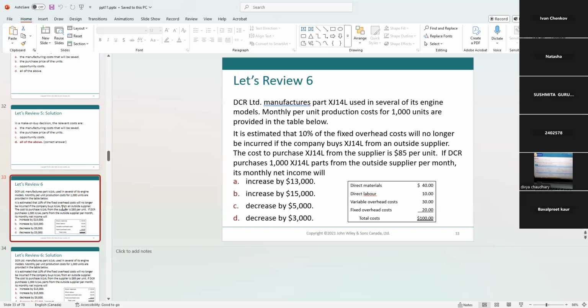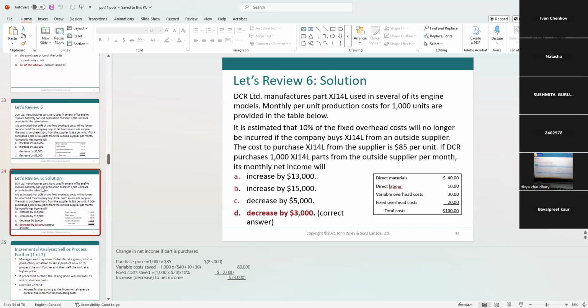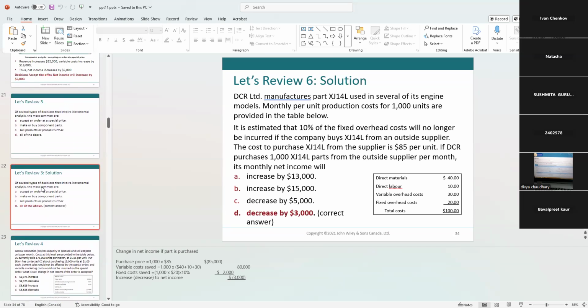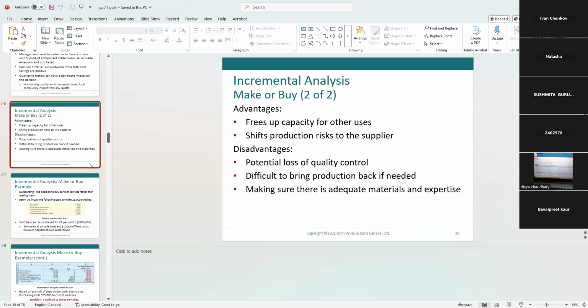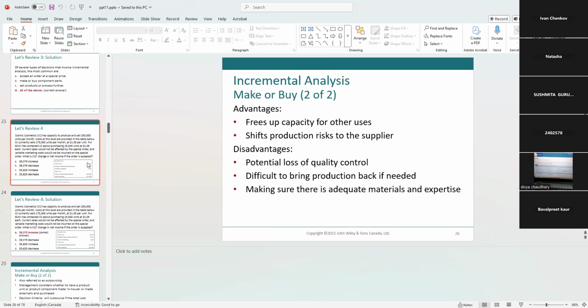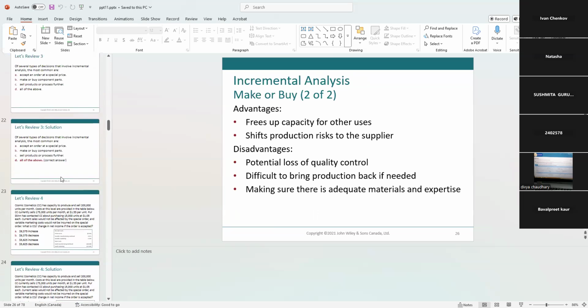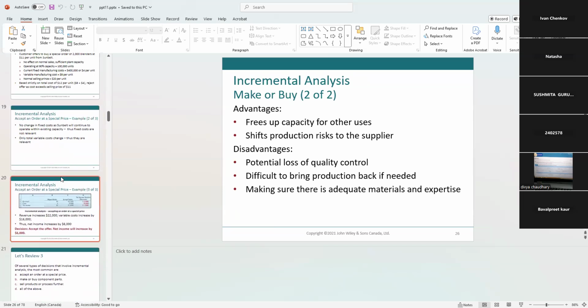So you have to decide how much it is going to cost me and should I keep making it or should I buy it from outside? And after you do that, your job is not done. You have to be able to do the qualitative analysis, or explain to me the advantages or disadvantages, the pluses and minuses, whatever the question asks you. That's one question, and that's question 5.